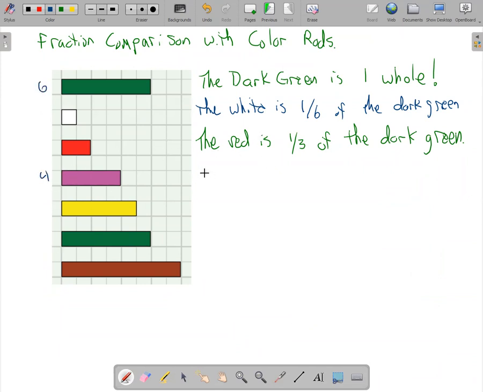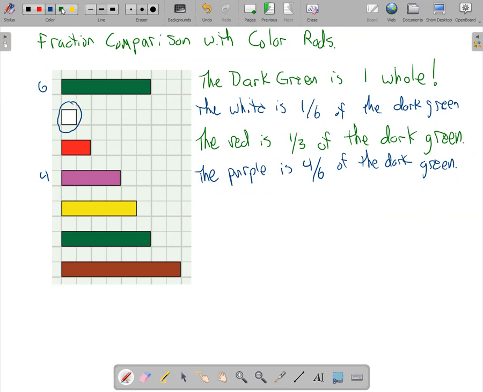So the comparison would be something like a couple of options. The purple is 4 out of 6 of the dark green. And so I'm using the white as my common denominator to make that happen.